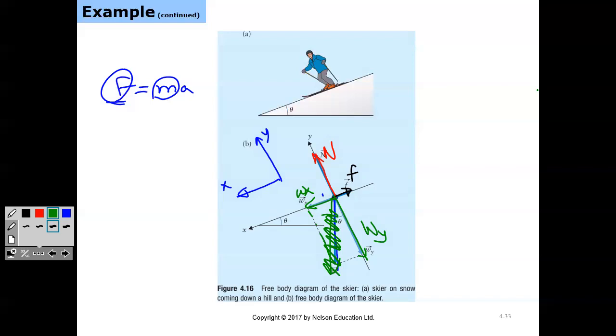Okay. Now, one other question I would like to ask: why didn't I choose the X like this and the Y like that? Yeah, it will make the Y-axis equation easy. If I keep it like that, there is nothing wrong with that. We can do that. But by doing this, what is the acceleration in the Y direction? 0.